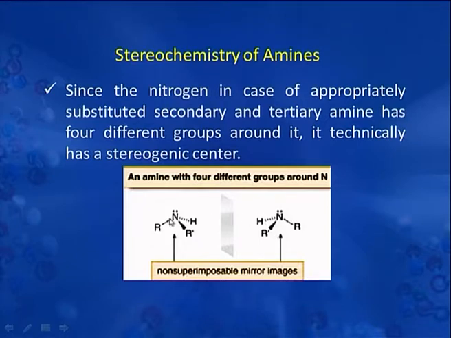There is generation of a stereogenic center in the secondary amine molecule. A secondary amine in which nitrogen is attached to 3 different groups is non-superimposable on its mirror image. Therefore, it is chiral in nature and exists in 2 enantiomeric forms, each of which, if separated from the other, is expected to show optical activity.